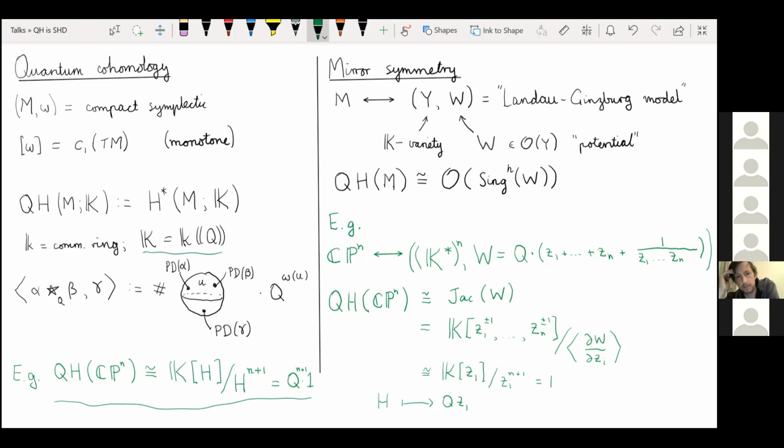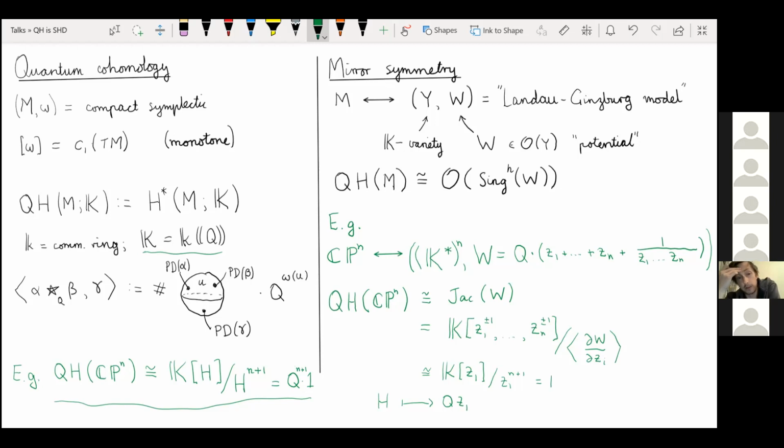So we have some k-variety Y and a function W called the potential, and mirror symmetry predicts that the quantum cohomology of M should be isomorphic to the algebra of functions on this derived singular locus, although when the singular locus of W is isolated, the ring of the derived singular locus is the same as the singular locus. So it's just the ring of functions on the singular locus of W.